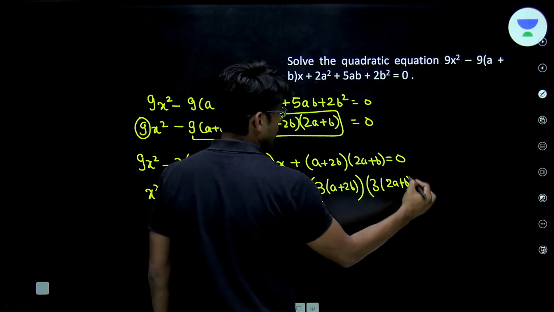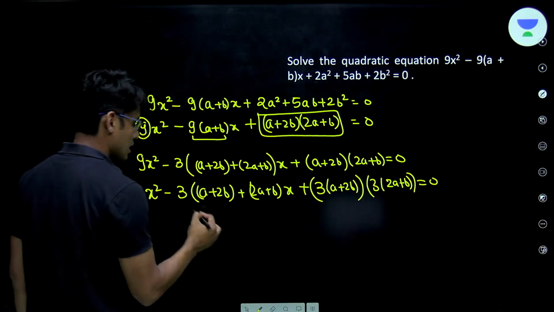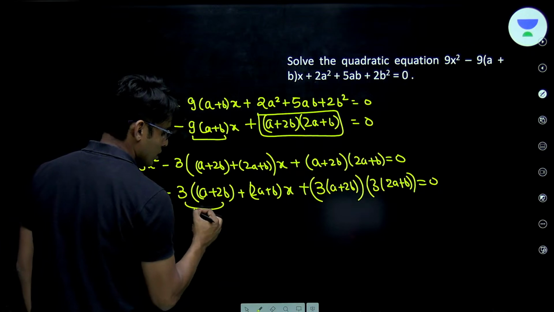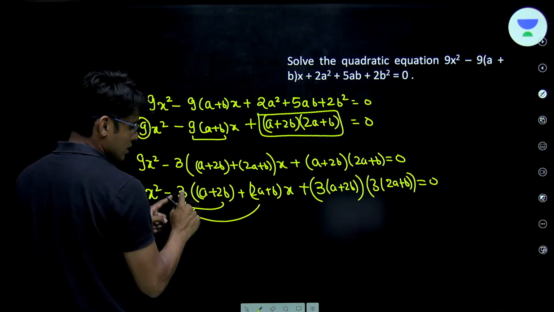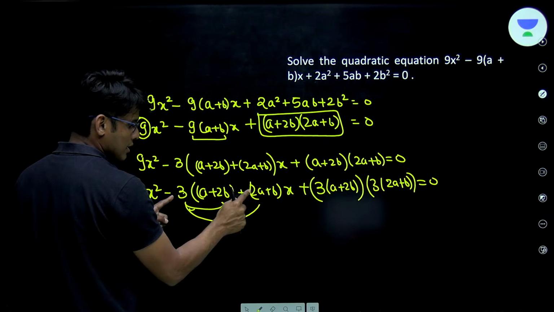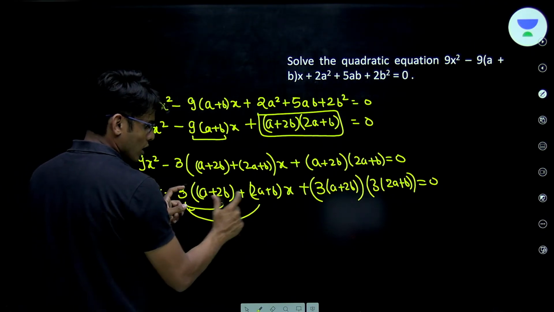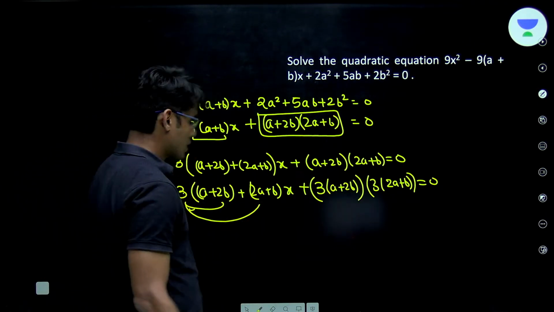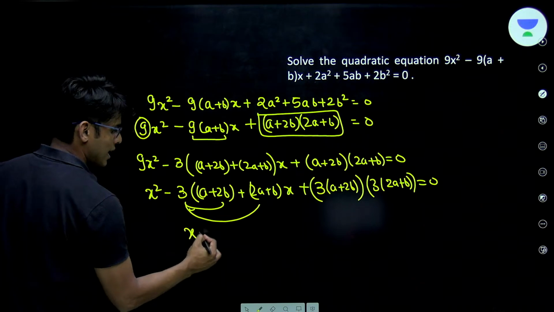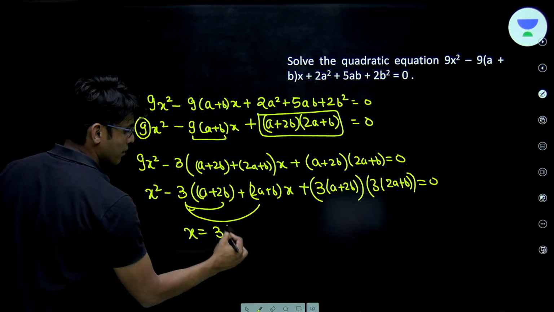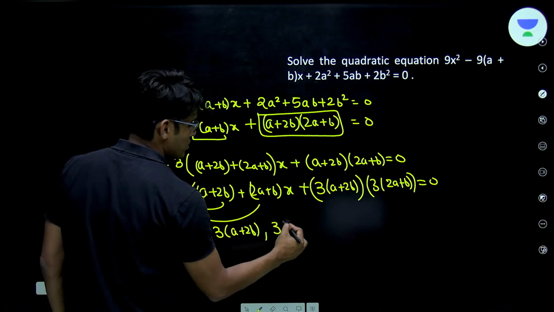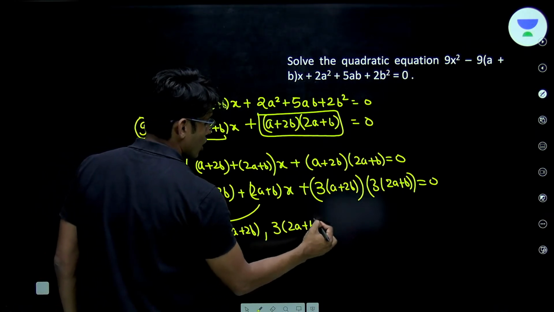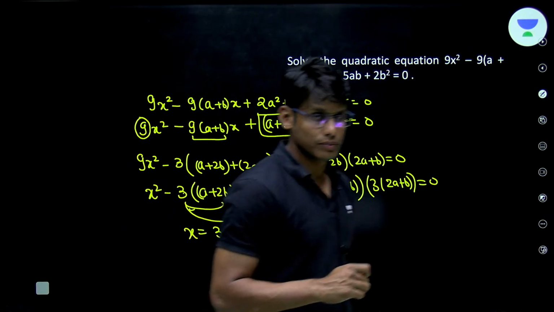Now you can see that when you multiply 3 here and 3 here, you can multiply it like this. Then the product of these two will be the product of these two. This means I can simply write x is equal to 3 times a plus 2b as well as 3 times 2a plus b.